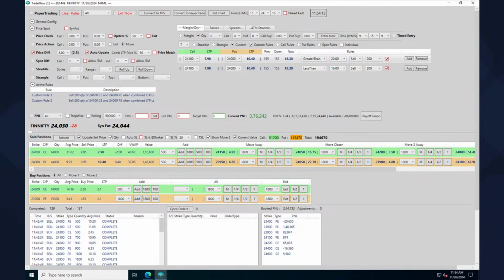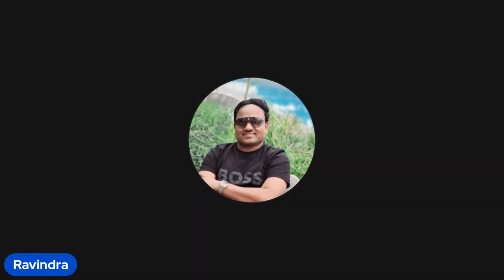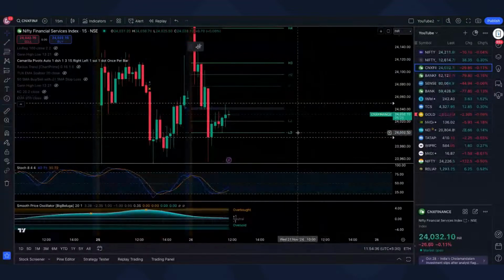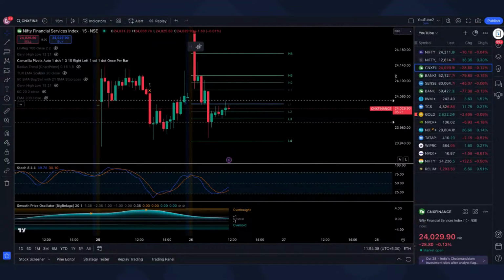All right, I think there is nothing else happening. So right now, Nifty after the lower low, let me go back. All right, so this is the lowest point for today, right?